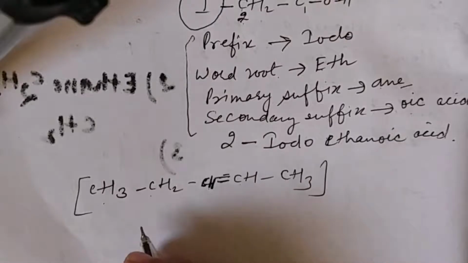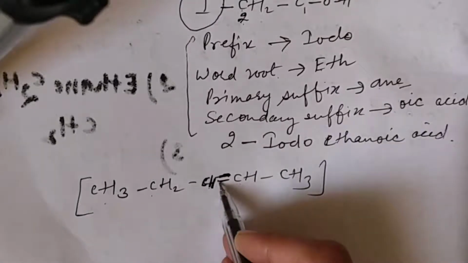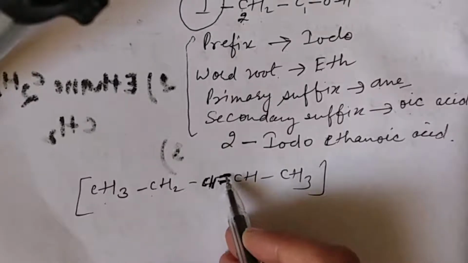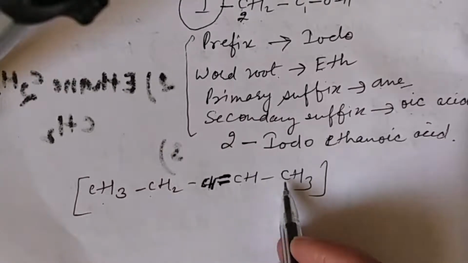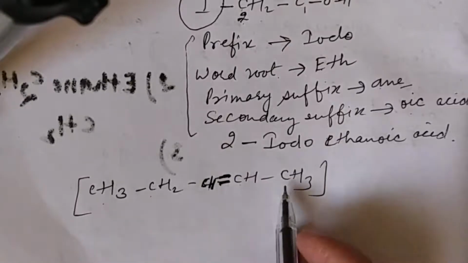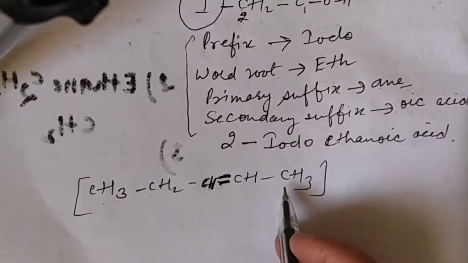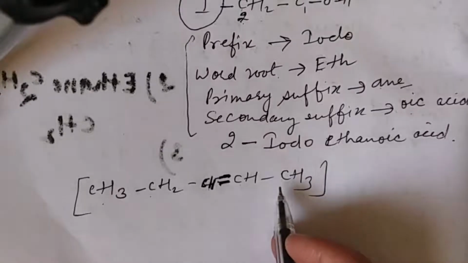But there is a double bond in this compound, and you can do the counting from the right side as well as from the left side. From which side do you have to consider the counting?